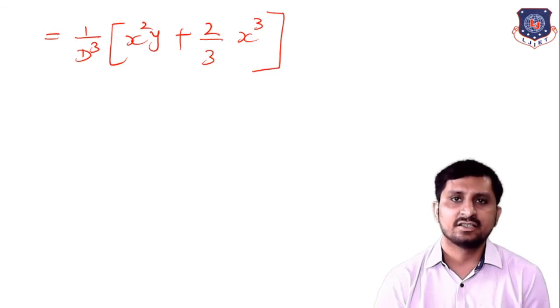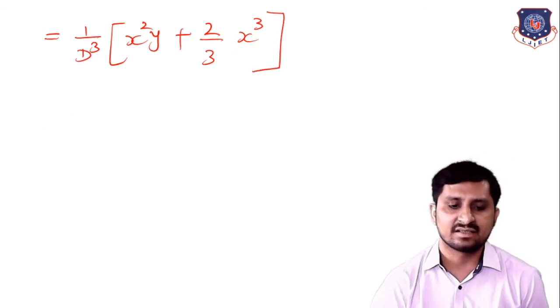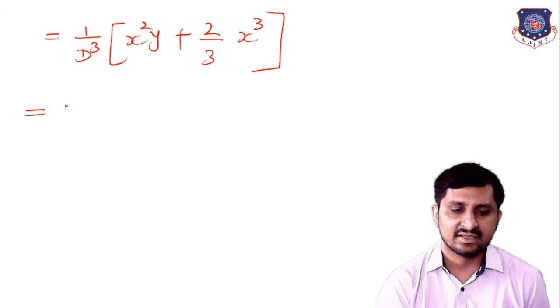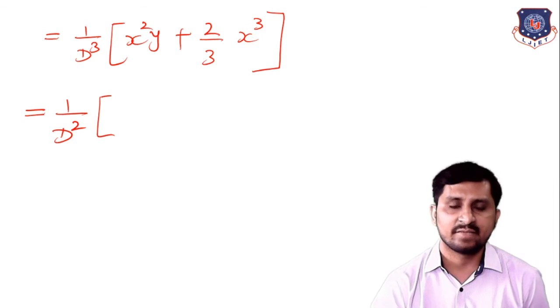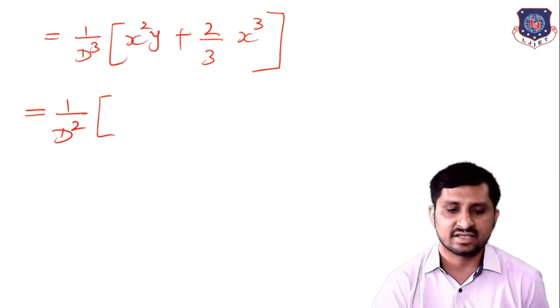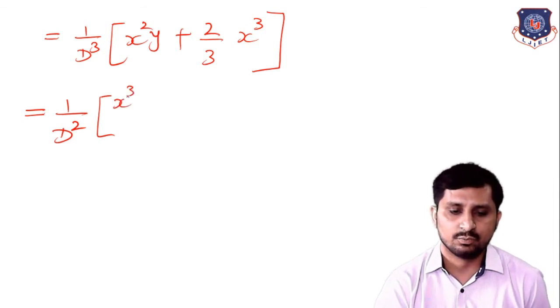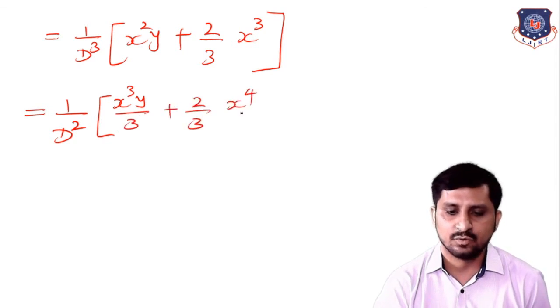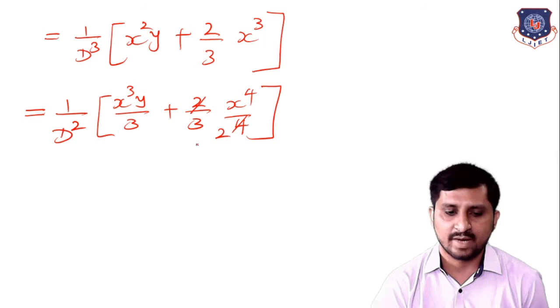Now integrating the whole function with respect to x one by one, this is equal to 1 upon D square, because I am taking integration with respect to x the first time. So x cube y by 3. Here now I have 2 by 3 x raised to 4 by 4, so I can write 2 in the denominator, so now x raised to 4 by 6.